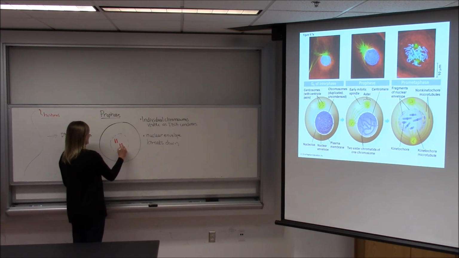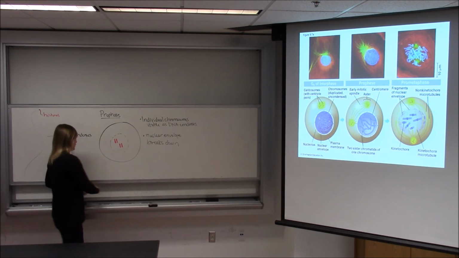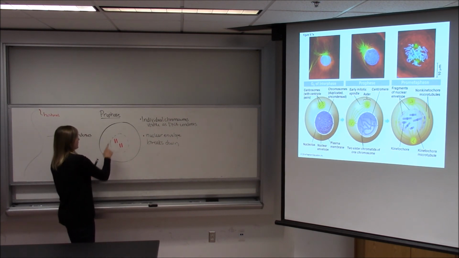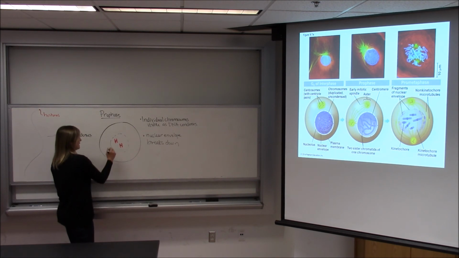And let's remind ourselves of a couple of things about these chromosomes in terms of structure. First of all, these are called sister chromatids, and they're held together by cohesin proteins. And on each sister chromatid, we have a little ring structure called a kinetochore.